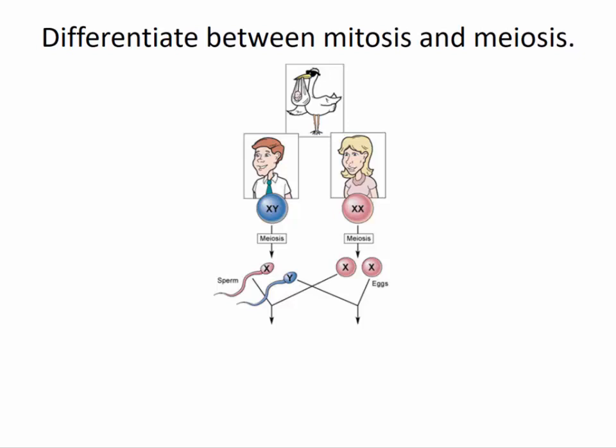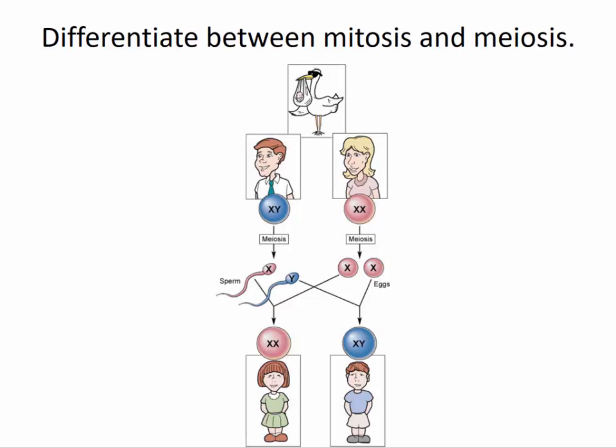For the female, all of her eggs would have X chromosomes in them. When those sperm fertilize those eggs, we would end up with offspring that have 2 X's. Those would be biological daughters. And offspring that have an X and a Y chromosome. Those would be biological sons.